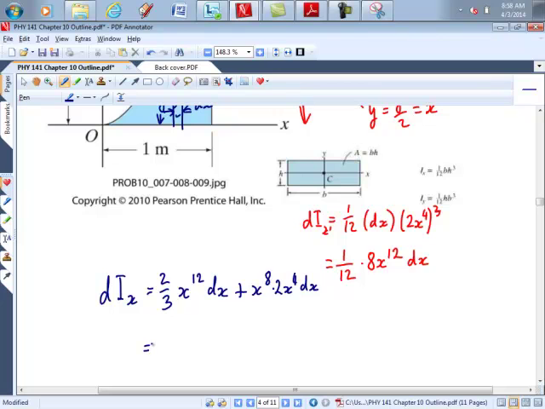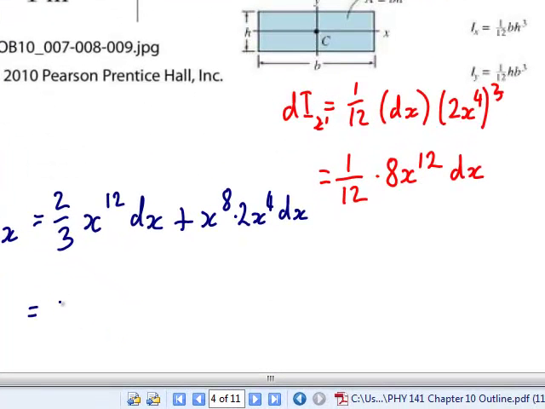Okay, so we can see we actually end up with like terms here. Both terms have a dx, both terms have an x to the 12th. So we have a 2/3 plus a 2. So it's 2 plus 2/3. That should be 8/3. 8/3 x to the 12 dx.